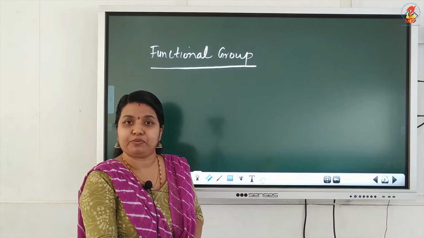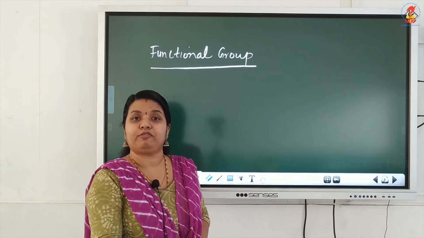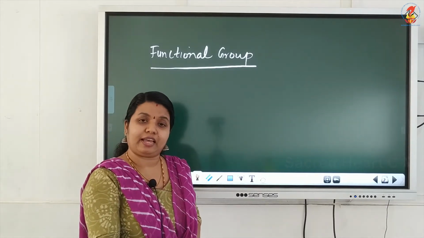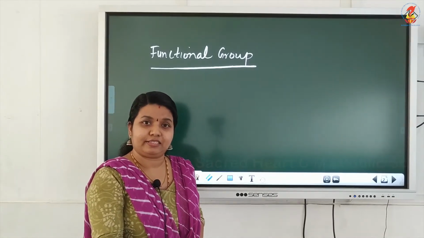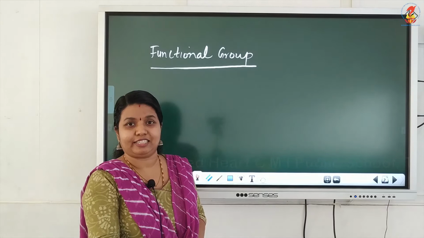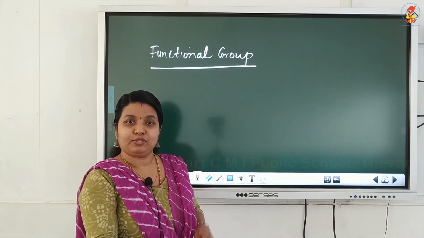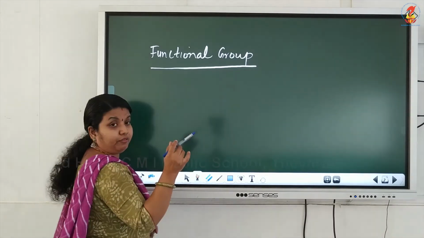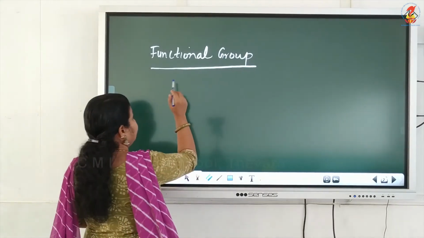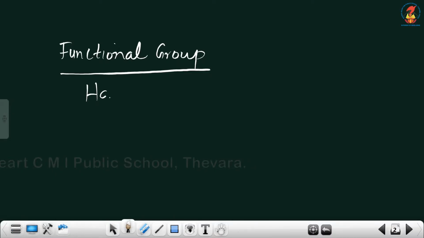Valency of carbon is 4 and it is capable of forming 4 bonds with either other atoms of carbon or atoms of non-metals such as hydrogen, oxygen, sulfur, nitrogen, etc. Carbon can form bonds not only with hydrogen but also with other non-metals like halogens.